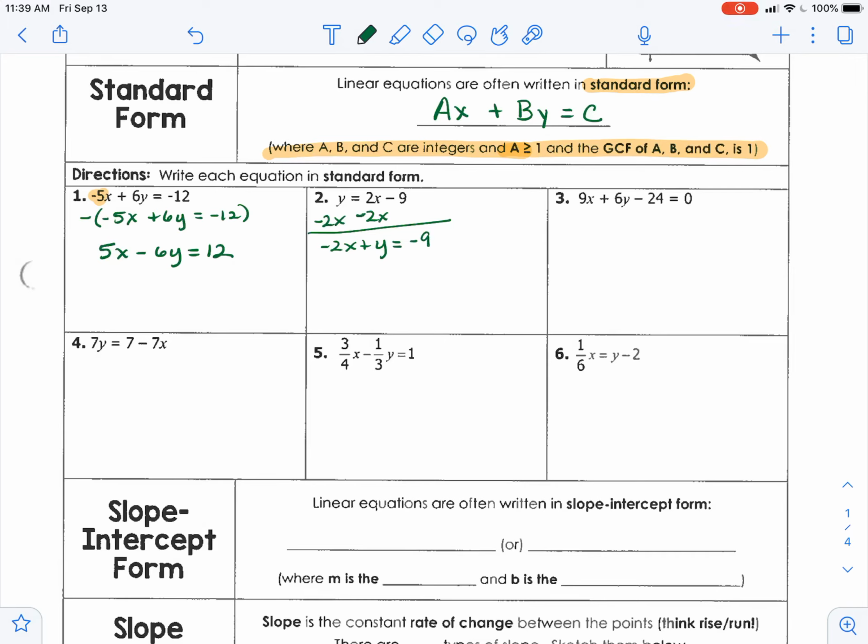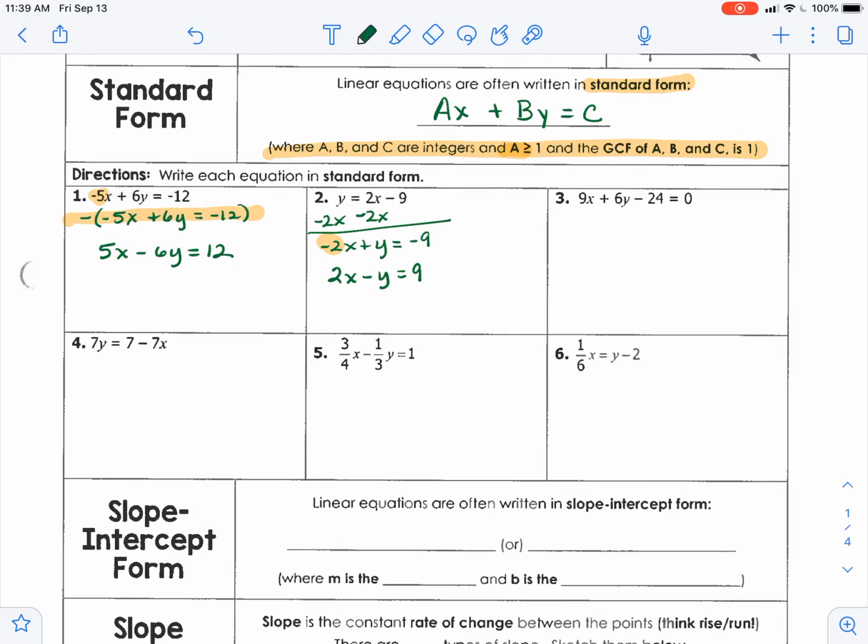But again, my a value is not positive, so you can do it like I did number 1, where I multiplied and showed that, but you don't have to for me. If you're okay with just changing everybody's sign, that works. Just be sure you change everybody's sign.